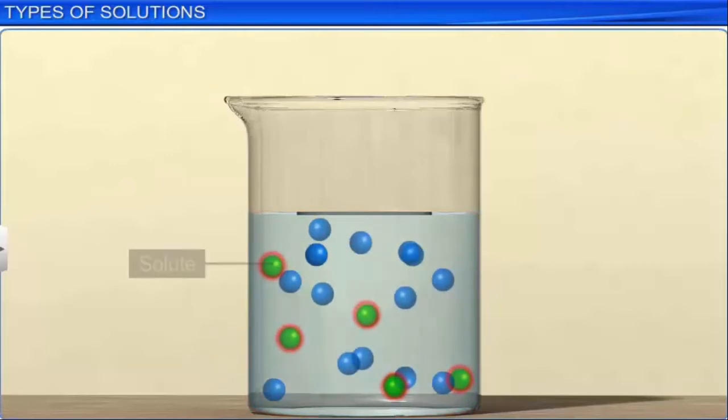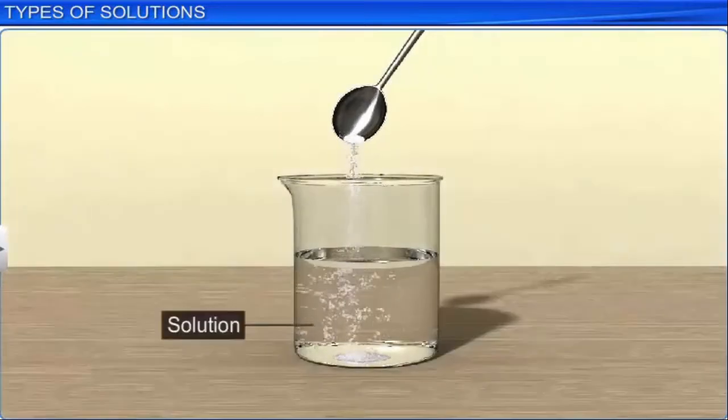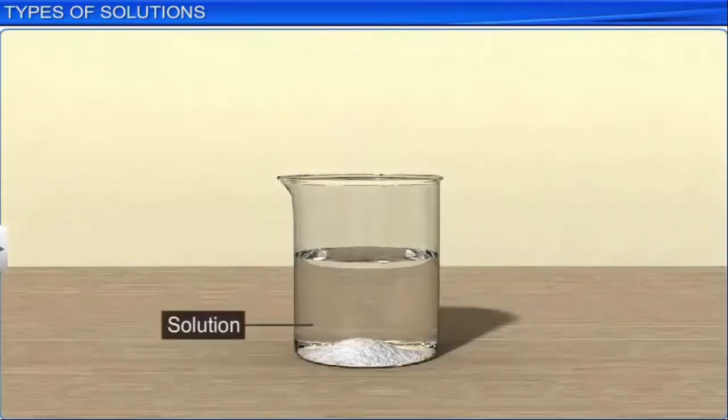The component that is present in a larger quantity is known as the solvent or the dissolving substance. The solution has the same physical state as the solvent. A solution containing only one dissolved solute in a solvent is called a binary solution.